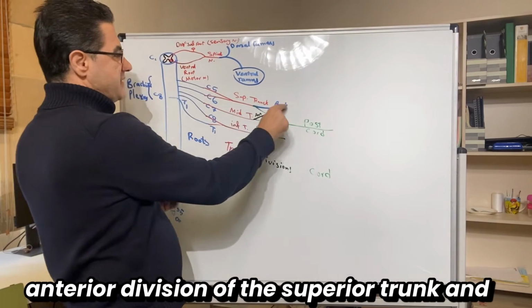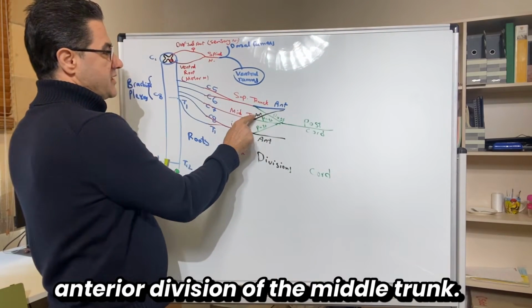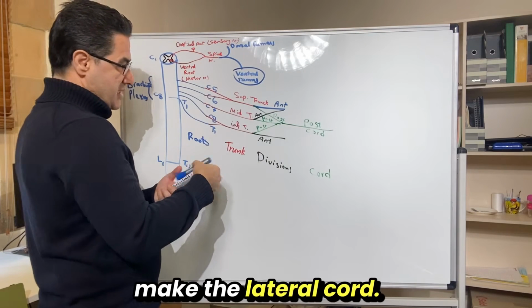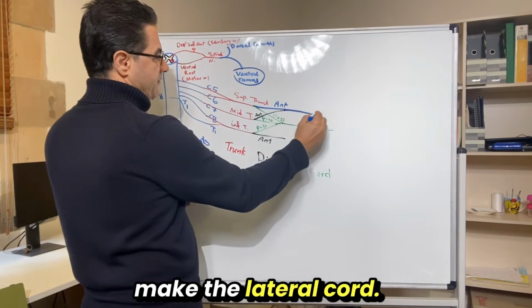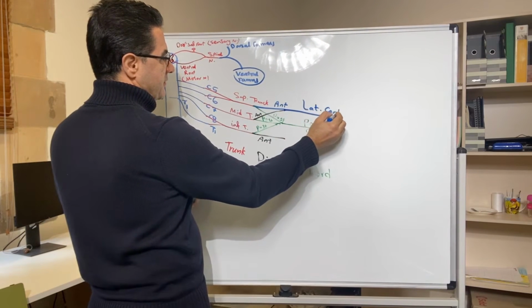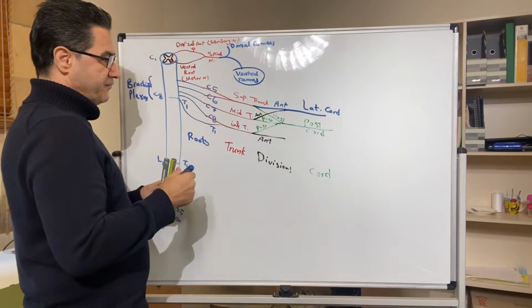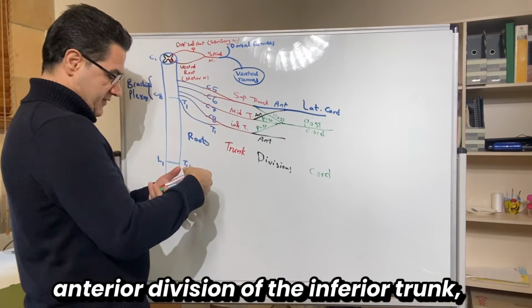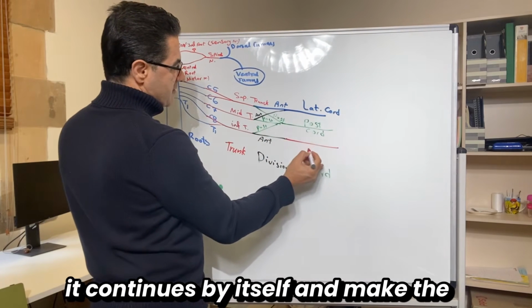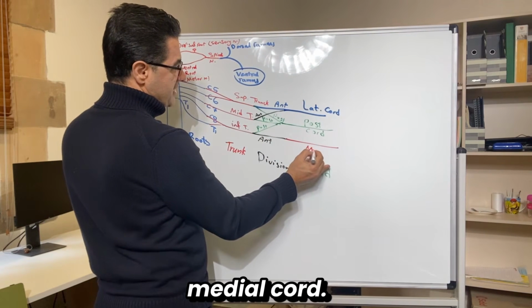And the anterior division of the superior trunk and the anterior division of the middle trunk come together and make the lateral cord. And finally, the anterior division of the inferior trunk continues by itself and makes the medial cord.